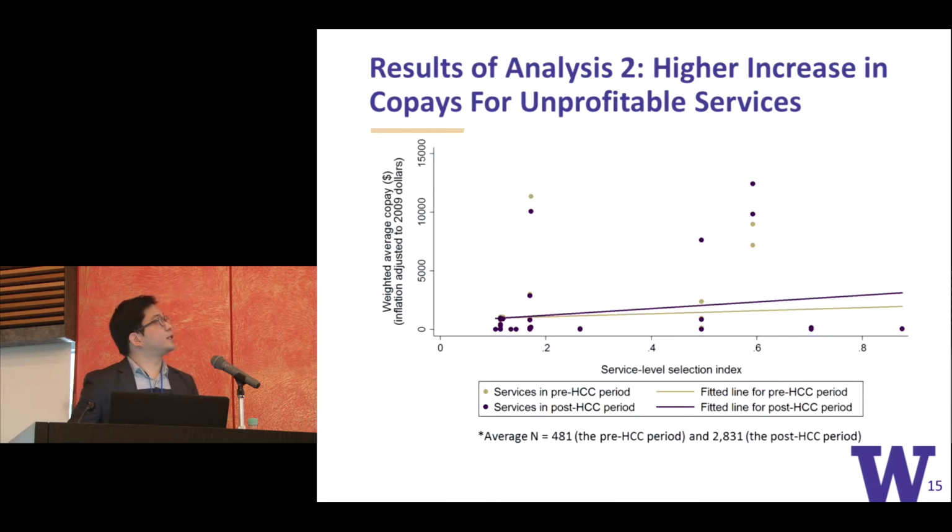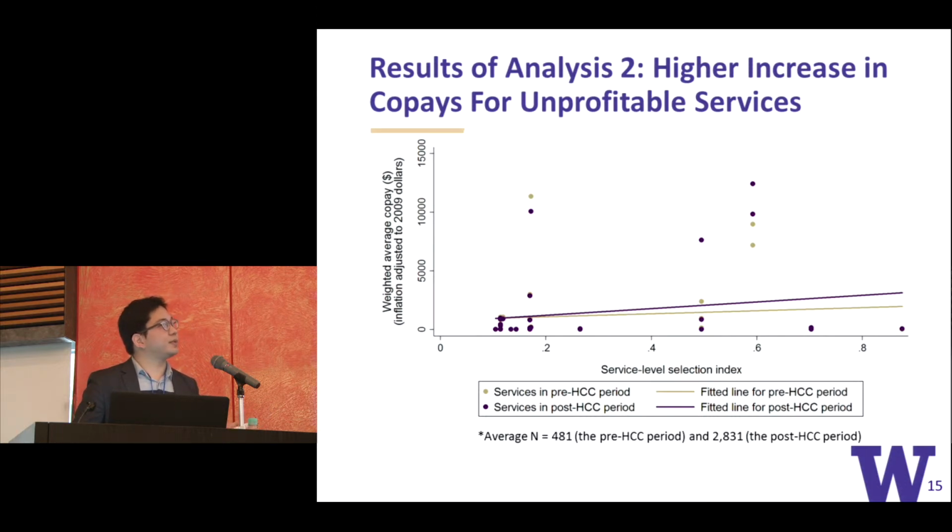And this is the result from the second analysis. So each dot indicates each service, and gold indicates the pre-HCC period, and purple indicates the post-HCC period. The y-axis indicates service-specific copays, and the x-axis indicates the service level selection index.